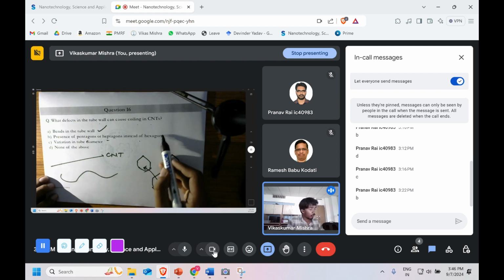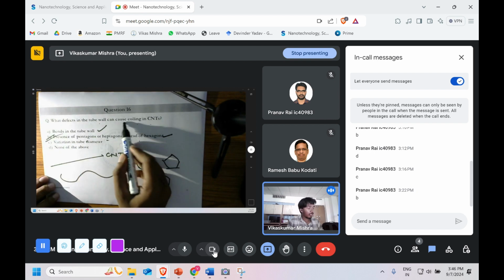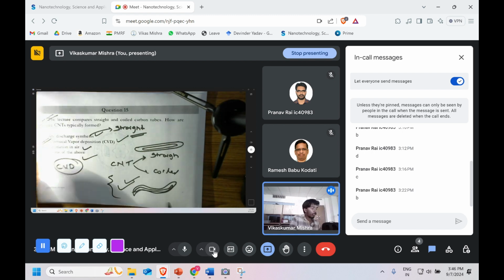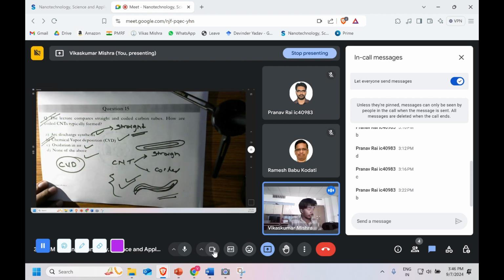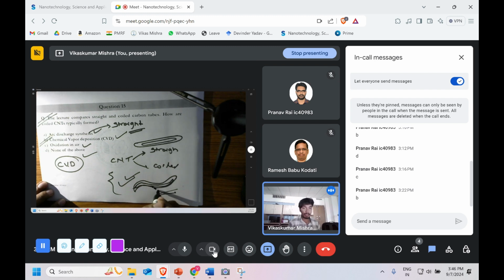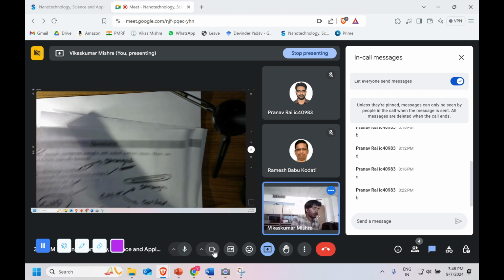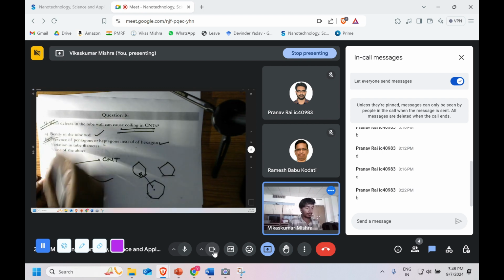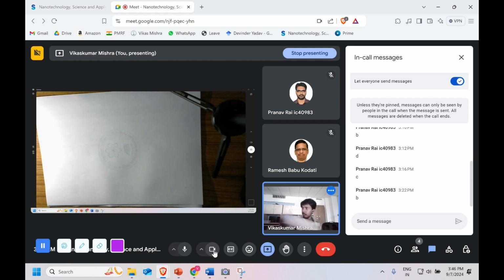It is a certain type of defect, and due to this only we have observed the coiling in the CNTs. So in this case, the pentagons and heptagons will be present. The correct answer for this question is option B.